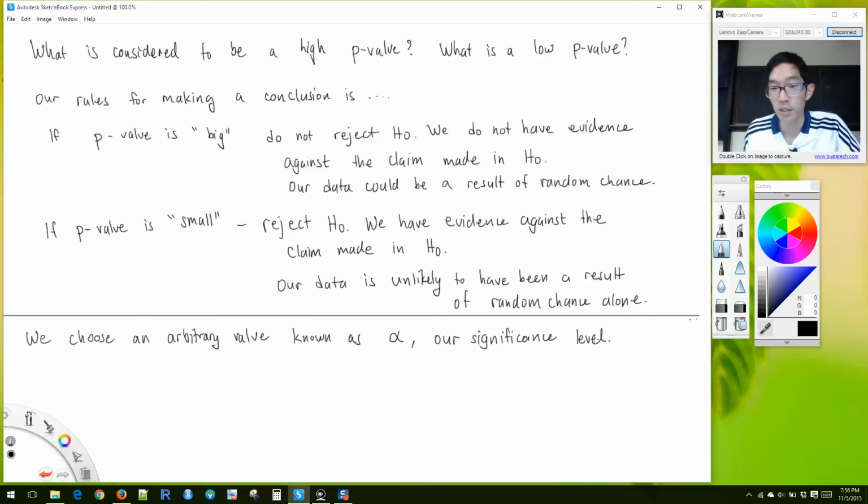If the p-value is greater than our arbitrarily chosen alpha, it's big, and if our p-value is less than our arbitrarily chosen alpha, it's small.